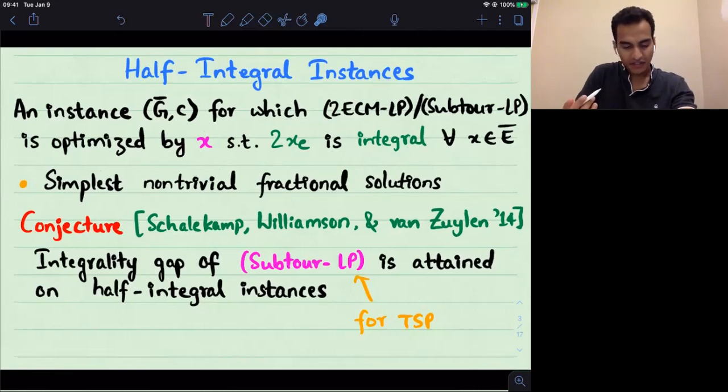Half-integral solutions can be seen as the simplest non-trivial fractional solutions because they have the smallest non-trivial denominator. Another reason why such instances are studied is due to a conjecture by Schalekamp, Williamson, and van Zuylen. They conjecture that the integrality gap of the subtour LP is attained on half-integral instances.